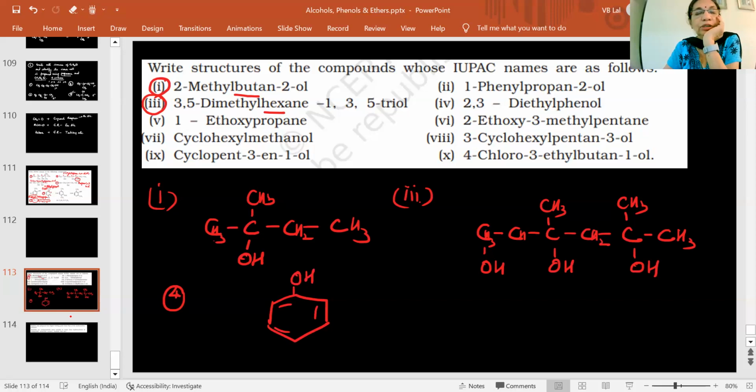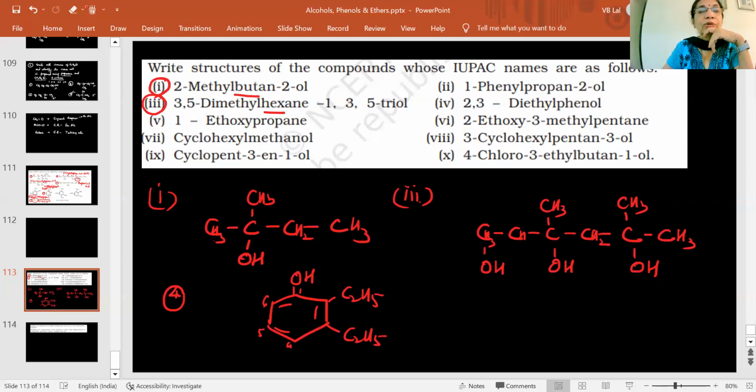Now wherever OH is attached, this is carbon 1, this is 2, this is 3, this is 4, 5, and 6. So I have to write the ethyl group where? On the second and third carbon atoms. What is ethyl? C2H5. Here also C2H5. So that is the fourth one.